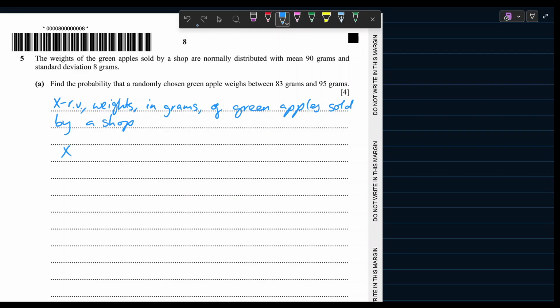And we know that X follows a normal distribution with mean 90 grams and standard deviation 8, so that's just 8 squared. Okay, and we want to find the probability that a randomly chosen green apple weighs between 83 and 95 grams. So we want to find the probability that X is greater than 83 but less than 95.